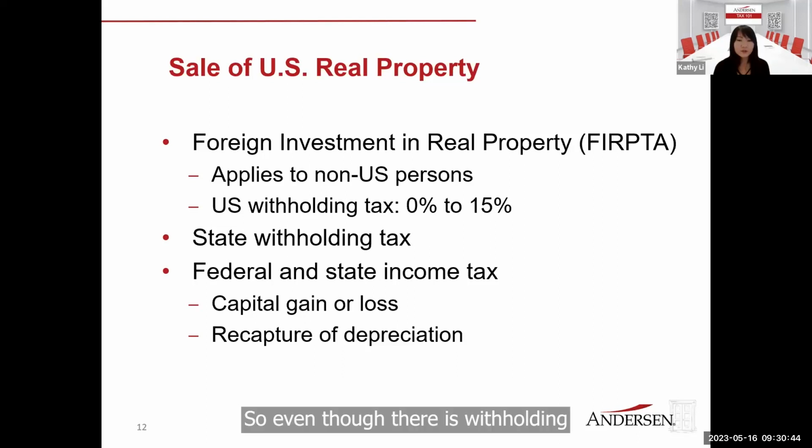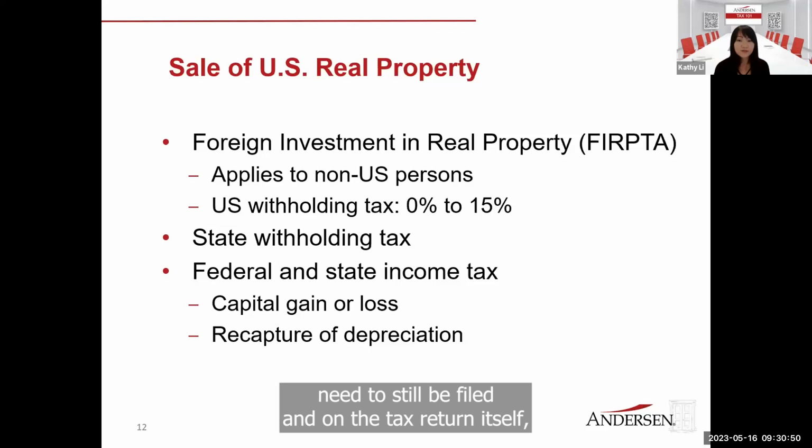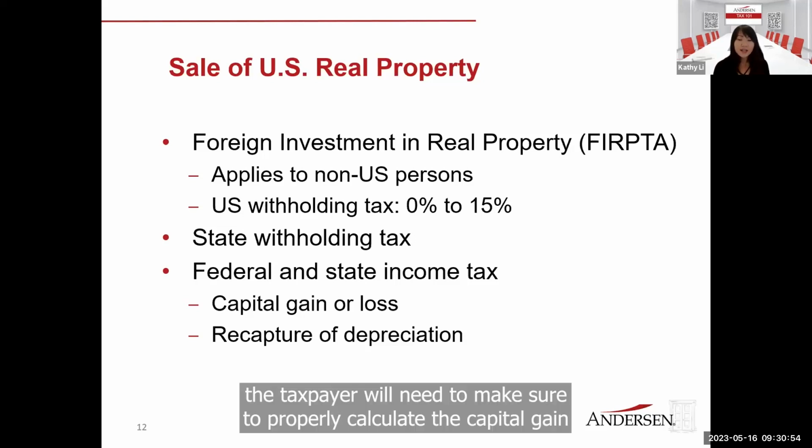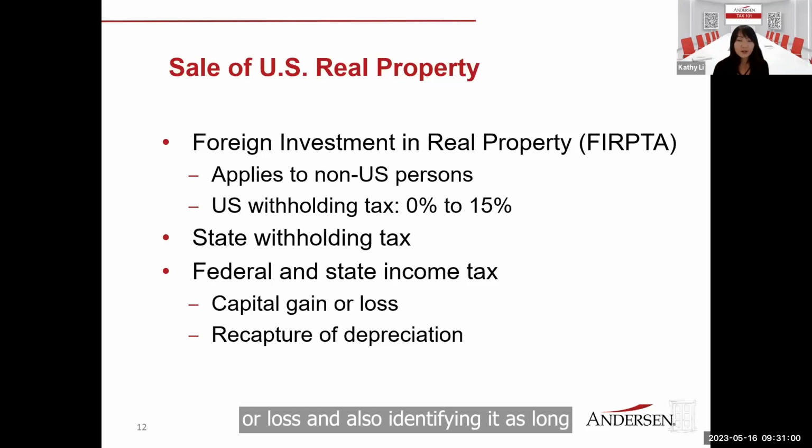Even though there is withholding tax, the federal and state tax returns still need to be filed. On the tax return itself, the taxpayer will need to make sure to properly calculate the capital gain or loss, and also identify it as long-term or short-term gain.